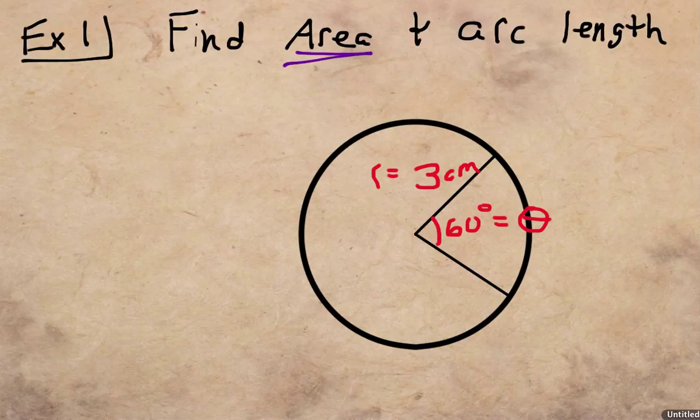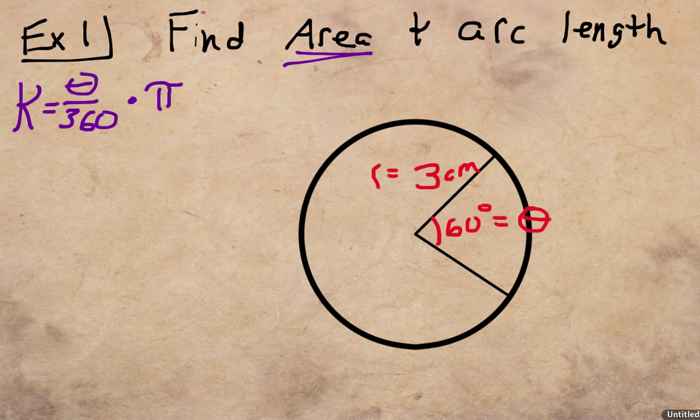Okay. Now, the area formula for the circle, if it's in degrees, was theta over 360 times pi r squared. Now, I'm going to plug in what I know. K represents area, guys. They couldn't use A for area because that'd be area of the whole shape.